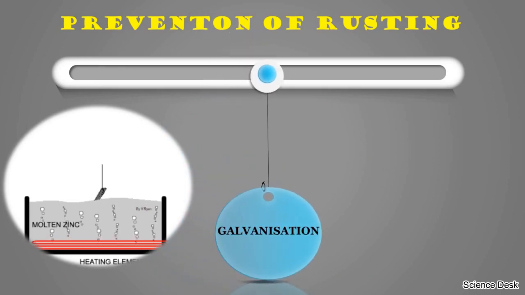And then comes the galvanization process. Galvanization is a process where you coat an iron particle with a layer of zinc. When this particle comes in contact with oxygen, zinc gets oxidized to form zinc oxide, preventing the reaction between iron and oxygen.